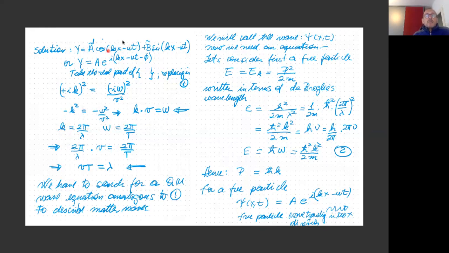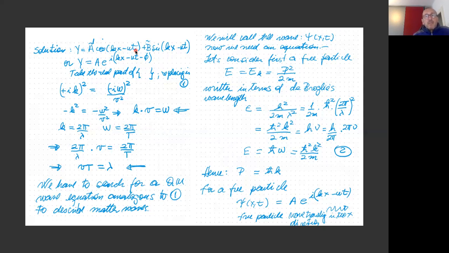So another way of writing it is this is periodic in space with the periodicity equal to λ, and it's equally periodic in time with the periodicity equal to 2π over ω, which is T. T is the period: if I stand at one point and look at the perturbation oscillating, the perturbation will oscillate with a period equal to T, going up and down.